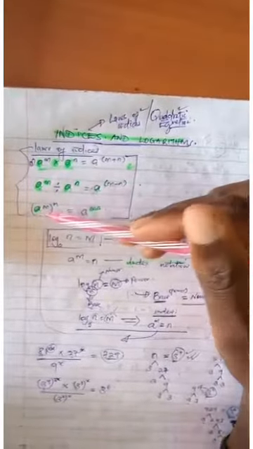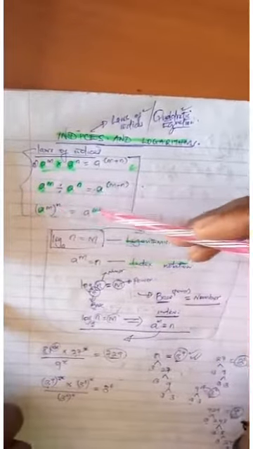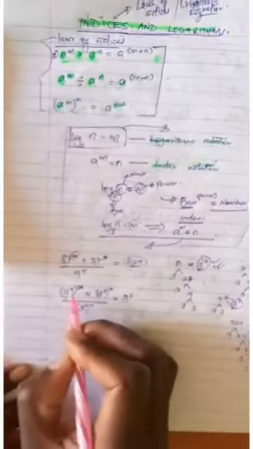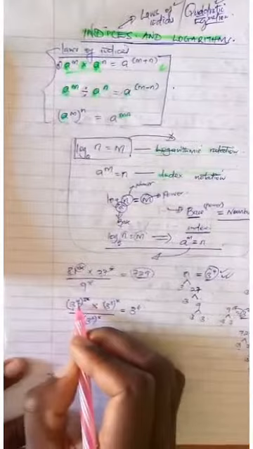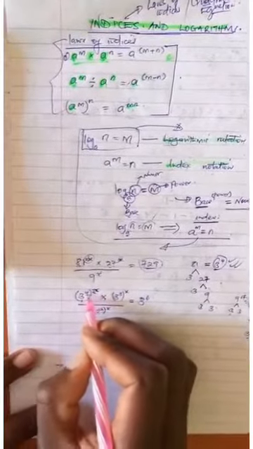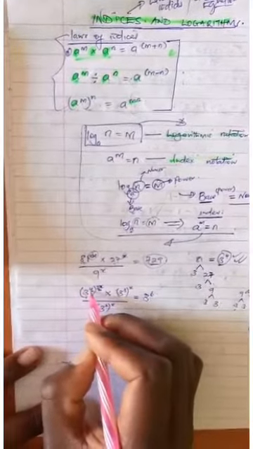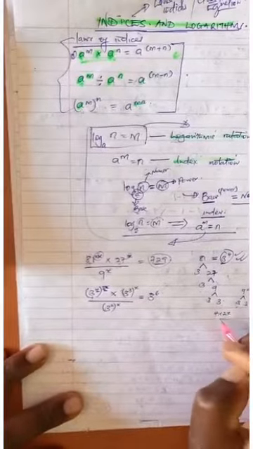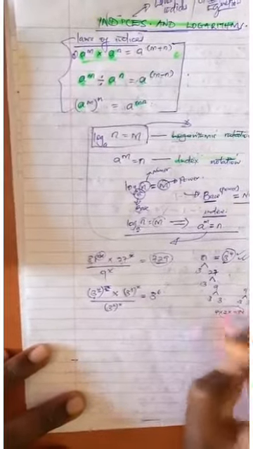Now you use the rules of indices where we have a to power m, to power n. We multiply the powers. For example, 3 to power 4, to power 2x. We multiply the powers such that 4 times 2x is going to be 8x.